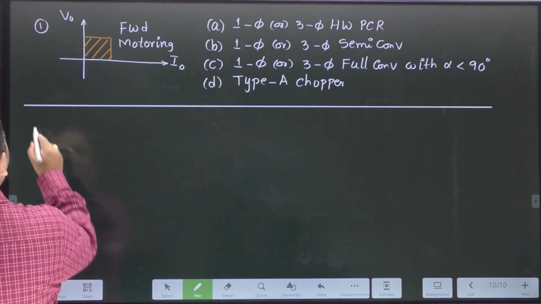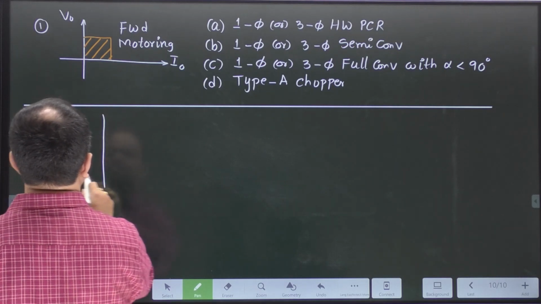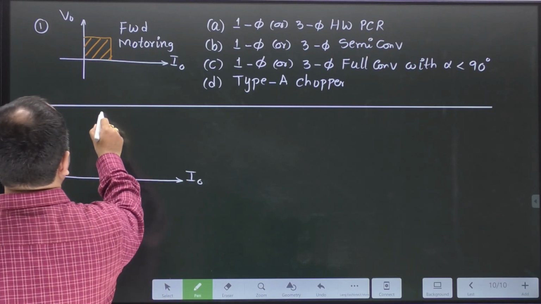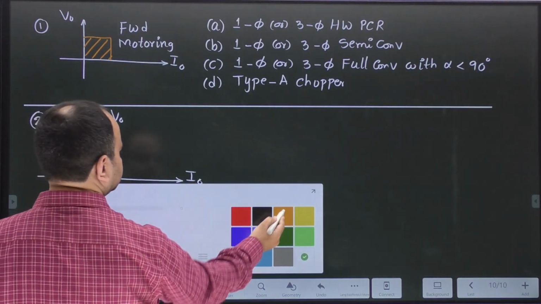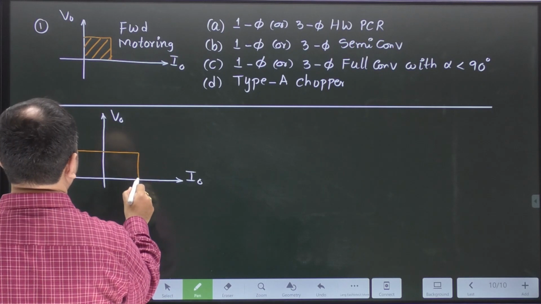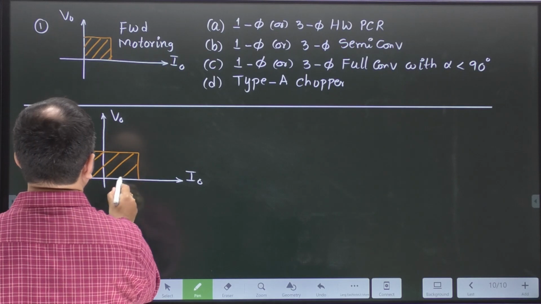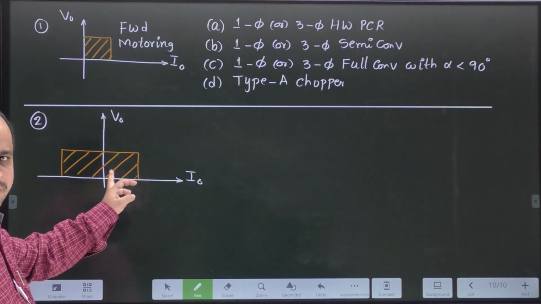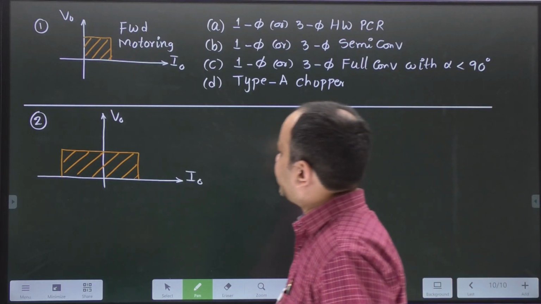Next, second possibility. This is I naught, y axis V naught. If you get a question like this, what type of power electronic circuits are preferable in order to operate the DC drive to get these quadrants of operation?